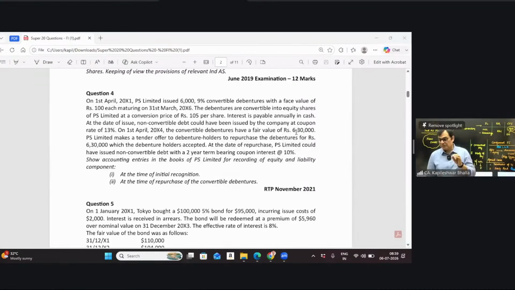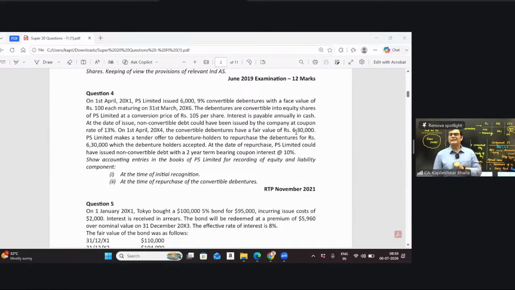So we go with the simple presumption that this is an optionally convertible instrument. So can I say at the time of split accounting, principal and interest both are discounted at what rate?